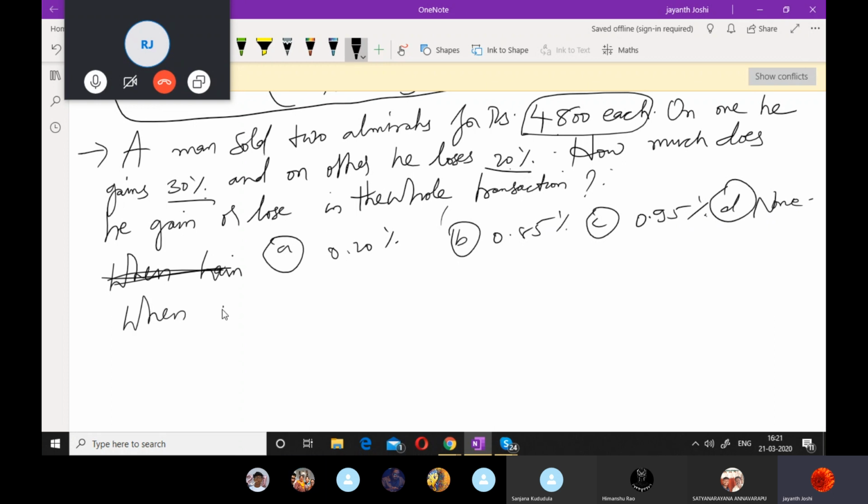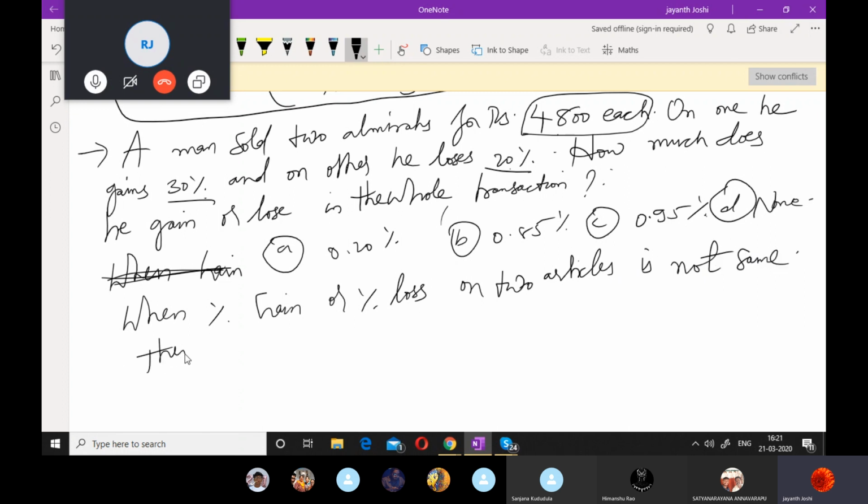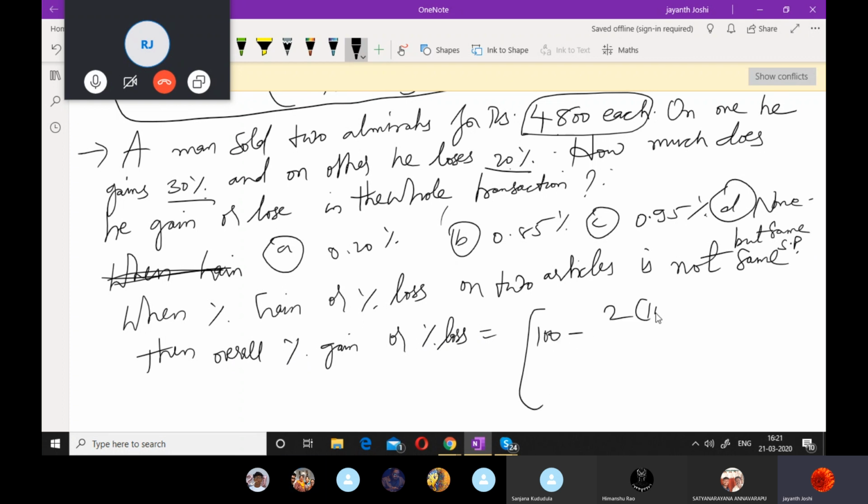When the percentage gain or percentage loss on two articles is not the same, but they have the same selling price, then the overall percentage gain or loss is equal to 100 minus 2 into (100 plus x1) into (100 plus x2) divided by (100 plus x1) plus (100 plus x2).